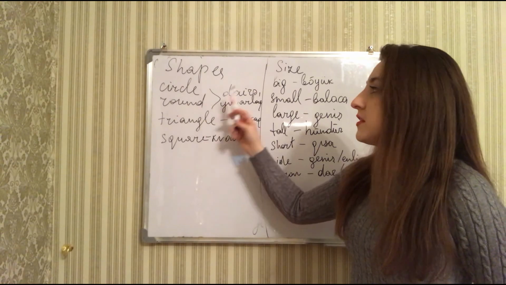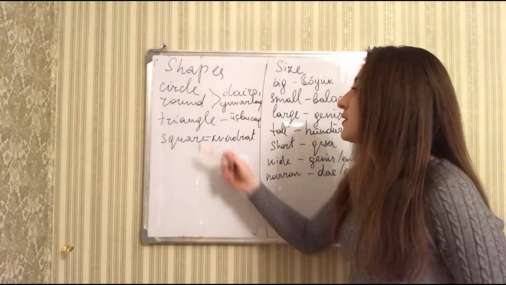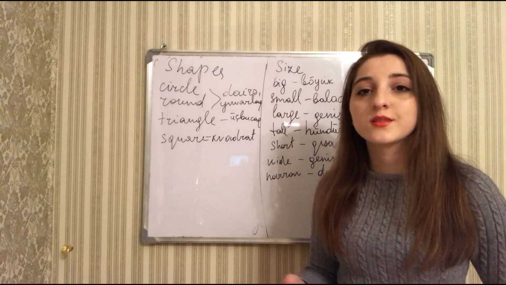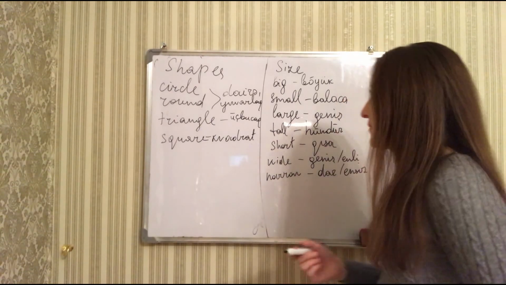Okay, circle, daire, round, yuvarlak, dairevi, triangle, üçbucak, square, kvadrat.